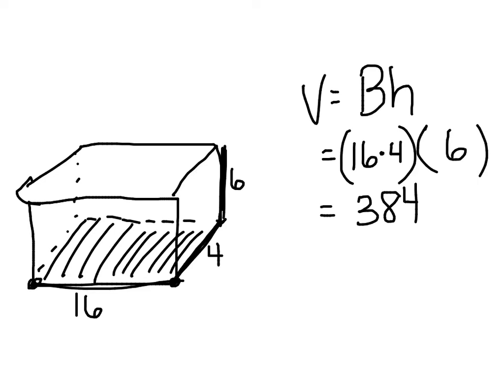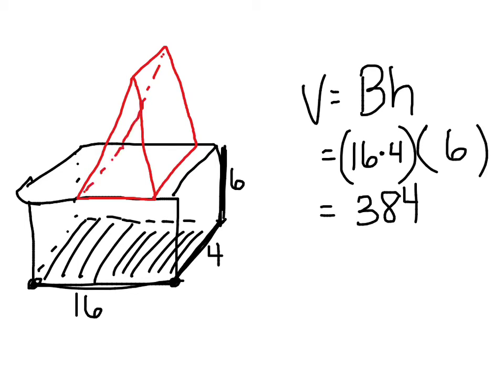Then on the top of that, you have this shape. You have a triangular based prism on the top of it. Same formula, I need to use big B times H, but the difference now is when I find big B, it's not a rectangle, it's a triangle.